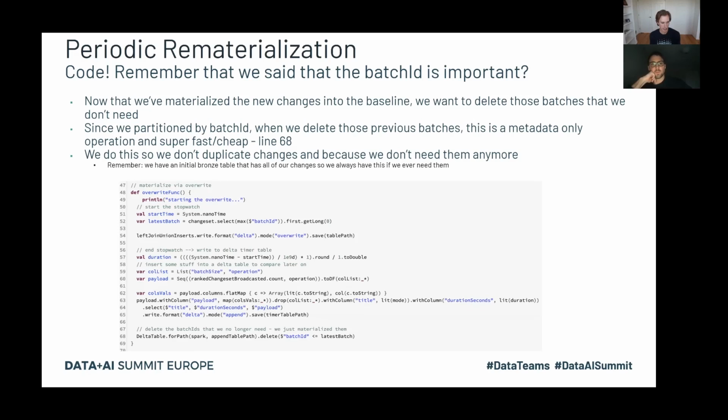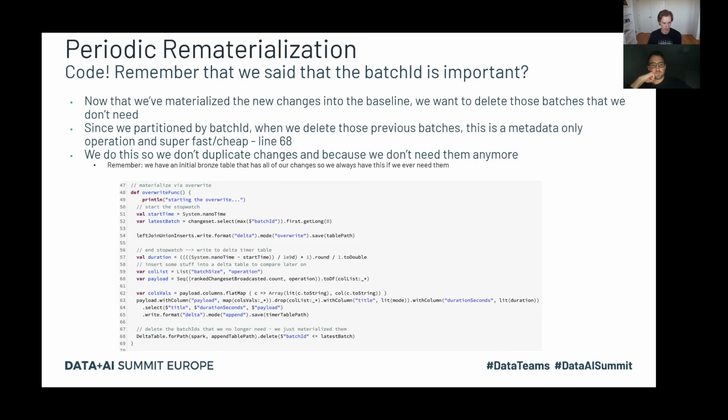And the key here, as we talked about, is the batch ID. Because after we rematerialize, we don't want a subsequent read for those previous batches to be read as if it was new data. So what we have to do now is delete those batch IDs. Within that append only table, we partition by batch ID.